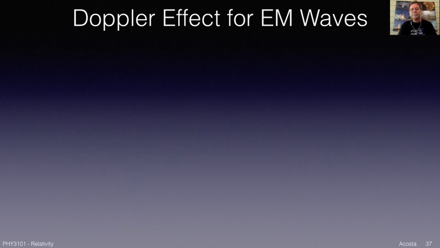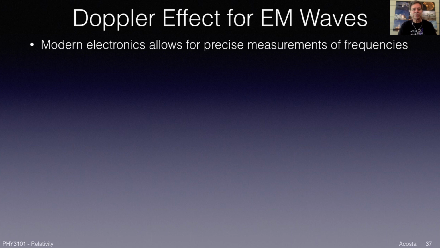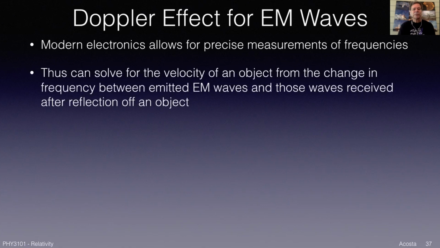Okay, some comments about the Doppler effect for electromagnetic waves. That change in frequency is observed and can actually be put to use. And one thing about modern electronics is it allows us to make precise measurements of frequencies. So that equation on the last slide we just saw with the square root of the 1 plus or minus v over c over 1 minus plus v over c, we can solve that for the velocity of an object from the change in frequency between emitted electromagnetic waves and those waves received after reflection off of an object.